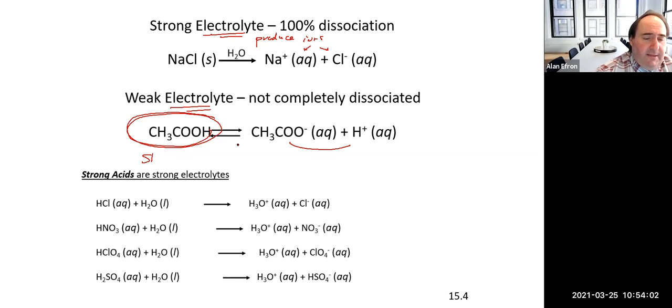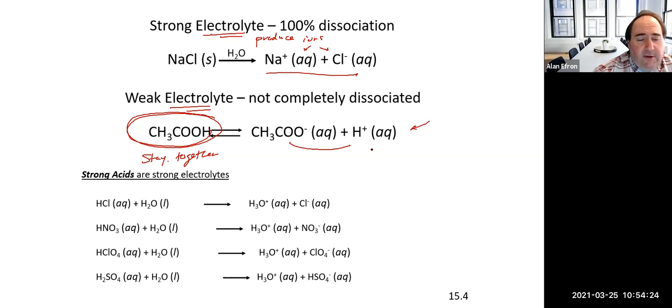Because they're able to still produce a few ions, they're considered a weak electrolyte. And in the example of the light bulb, unlike up here, where the light bulb would be very, very bright, the light bulb here will be very dim. It will still go on, but it'll be very, very dim.